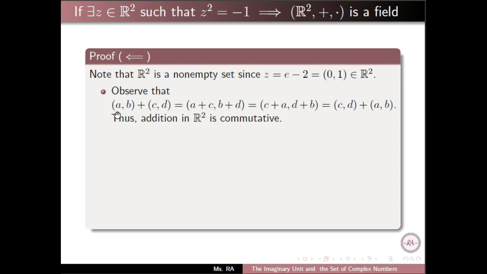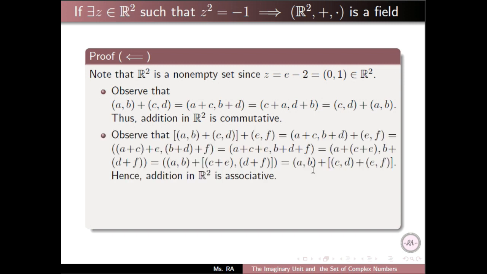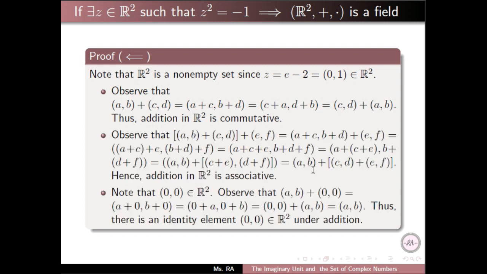So observe that if we have this (A, B) plus (C, D), which is just the vector addition, we simplify, and since A and C are elements of the set of real numbers, and we know that the set of real numbers is commutative under addition, we can simply rewrite A plus C as C plus A. Then the same reasoning holds for the other properties. So I'm not going to discuss them one by one.